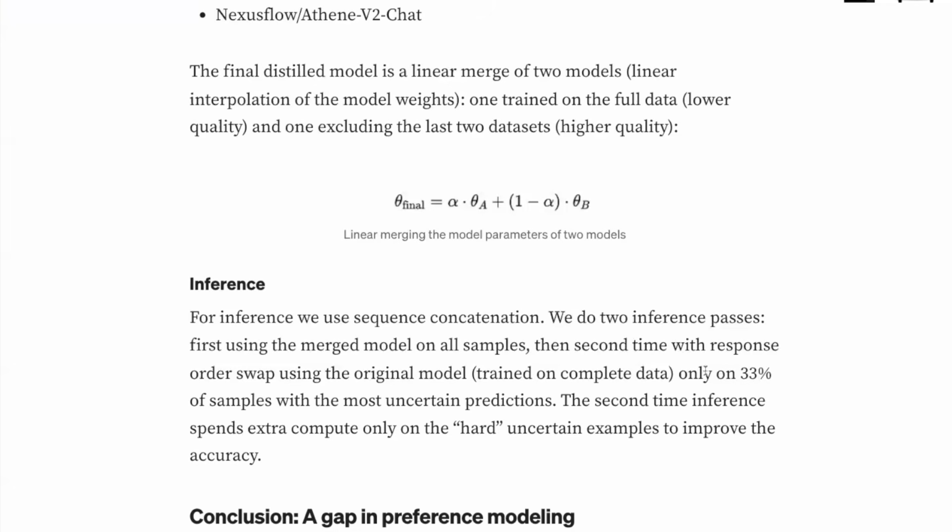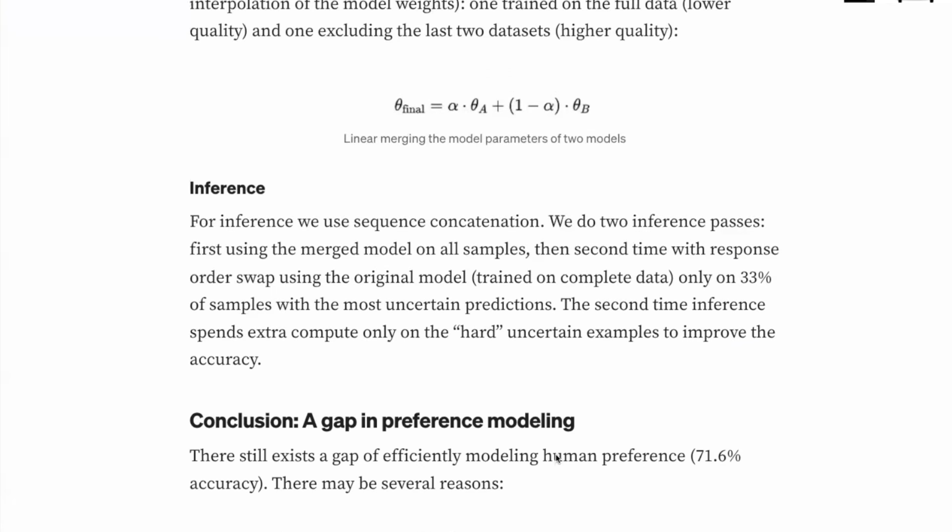So the second time they only run on the most uncertain predictions and just swap the order of response A and B, and then merge the final probability scores for this 1/3 of the full test set that has the most uncertain predictions according to the first pass.